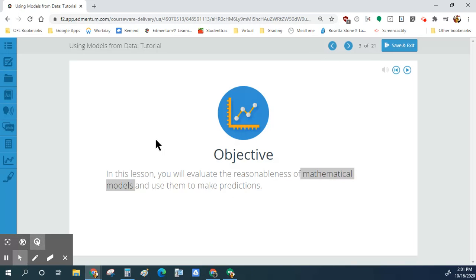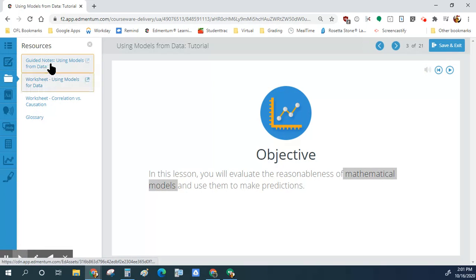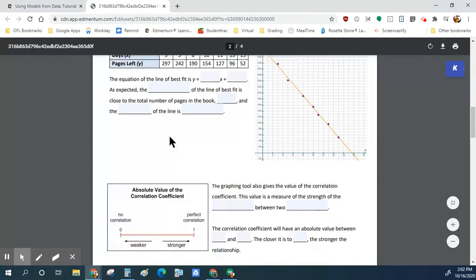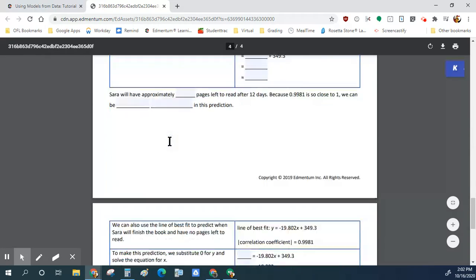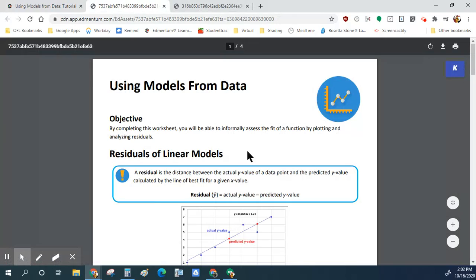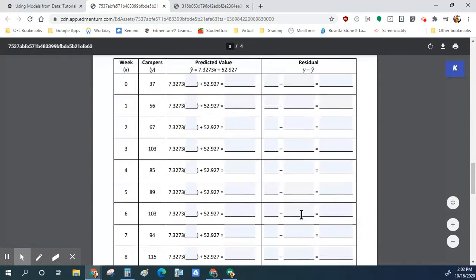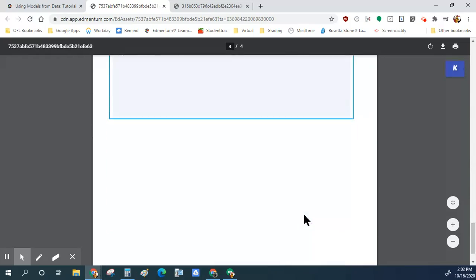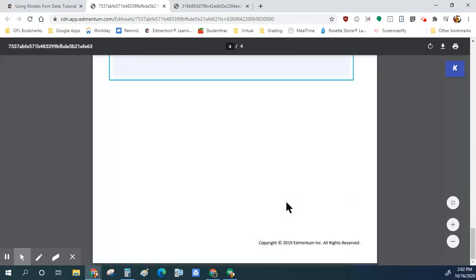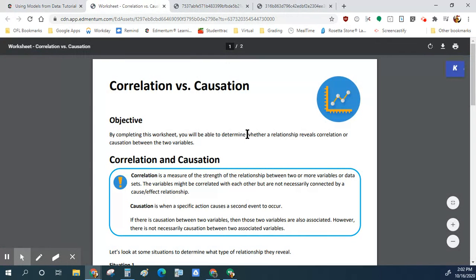And if you guys really need to, what I recommend is going into the guided notes to keep track of these. And I recommend using these for the test. That way you have nice, strong notes for the test. There's also little worksheets here for you to kind of understand what a predicted value is. So these are all very good tools on figuring these out, to get more practice. So if you need more practice to understand things, that's great.